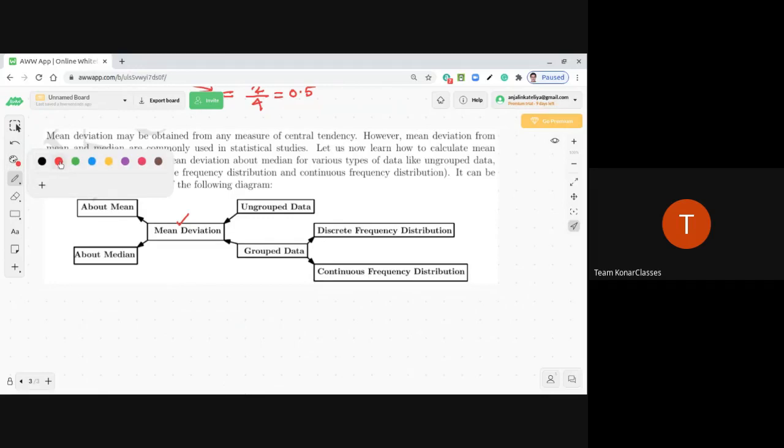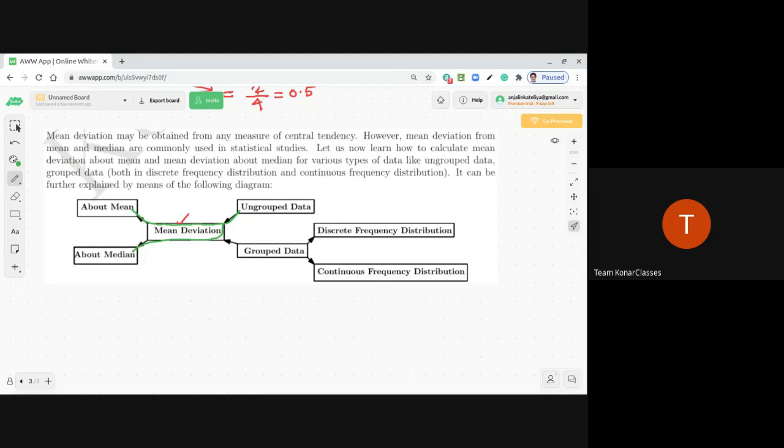For ungrouped data, we have the mean deviation about mean, and the mean deviation about median, which I have shown in the green color. That we need to do. That we will do: the mean deviation of ungrouped data about mean and about median.